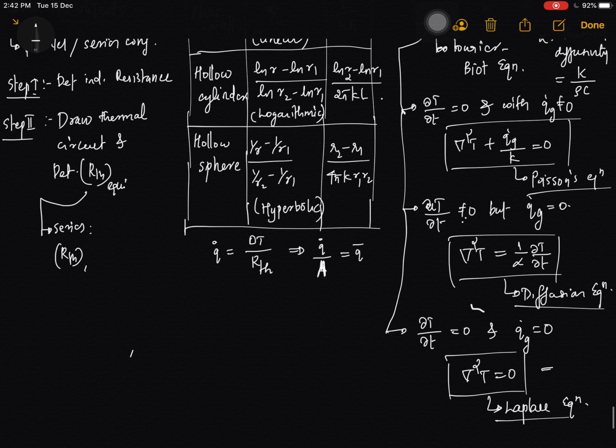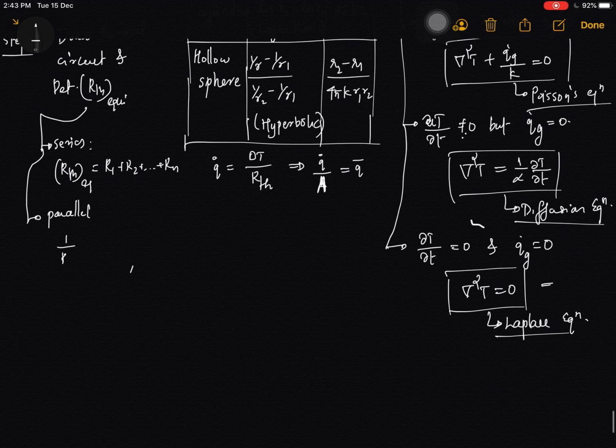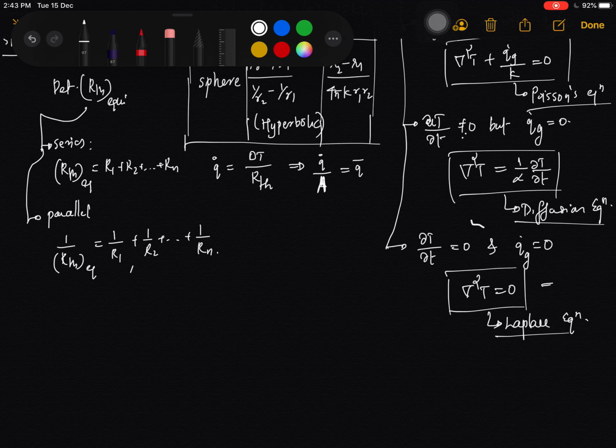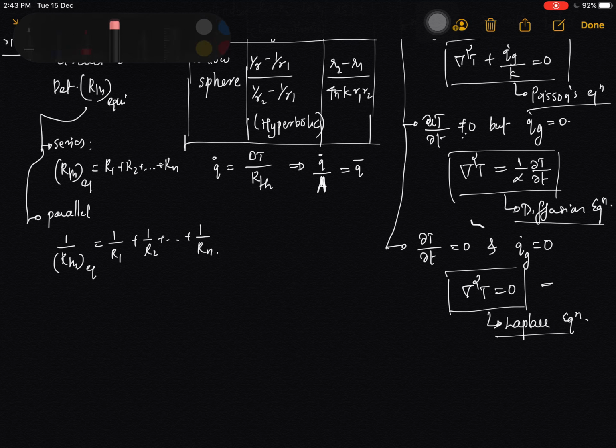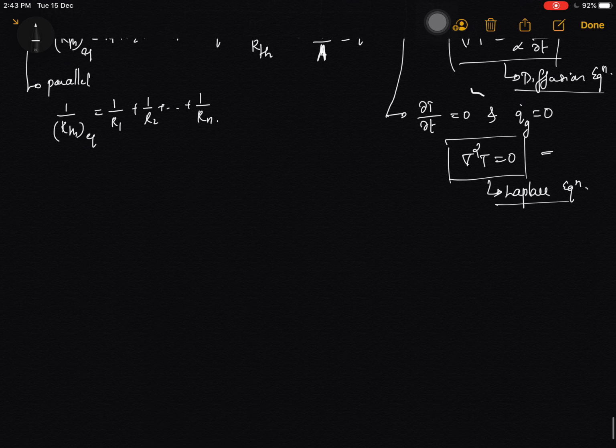For a series configuration, R_th equivalent equals R1 plus R2 plus etc. plus Rn, and for a parallel configuration, 1 by R_th equivalent equals 1 by R1 plus 1 by R2 plus etc. plus 1 by Rn. So these are the equations that have to be followed.